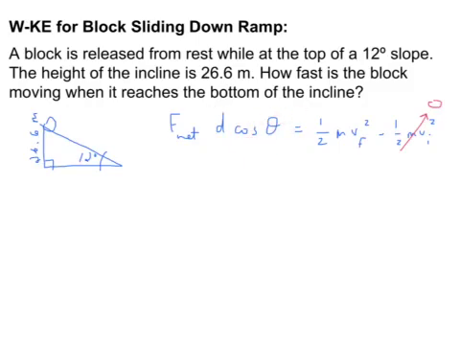Okay then, to find the net force, let's draw a free body diagram. Here's my block. We know that there's the normal force pressing up, the weight pulls down, and the friction pulls back. And of course, the weight has an x component and a y component, or sometimes they're called a parallel component and a perpendicular component.